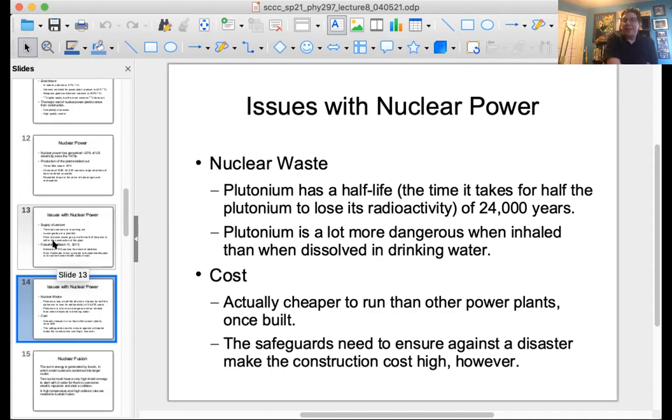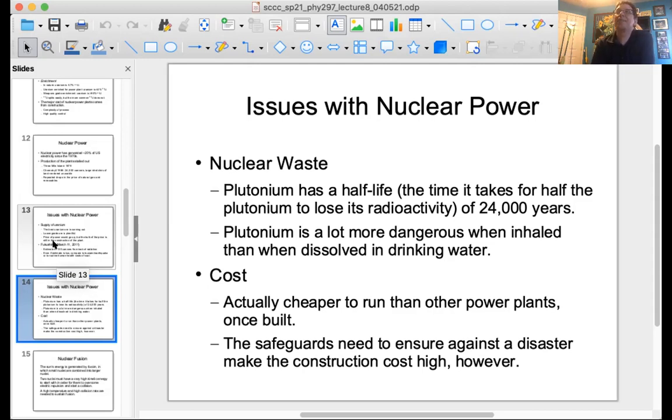One of the interesting things about nuclear power is that it's cheaper to run than other plants once it's built. So once you take out the cost of construction, nuclear power plants are easier and cheaper to keep going than a coal plant, for example. And that's an interesting factor to consider when you're transitioning to clean energy, because nuclear does not emit carbon dioxide.